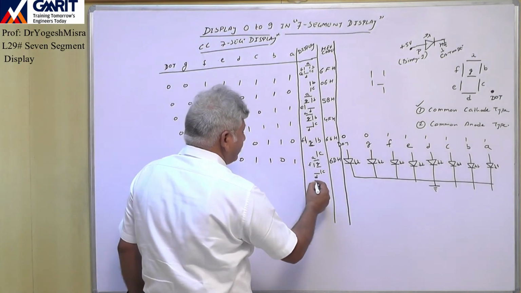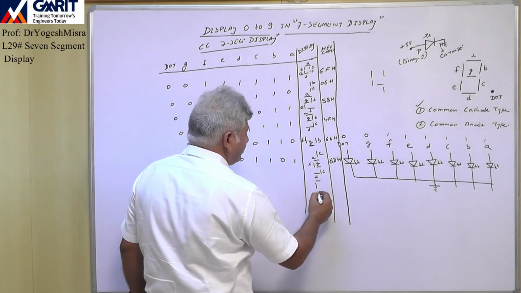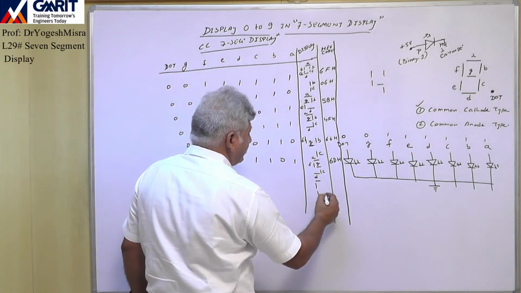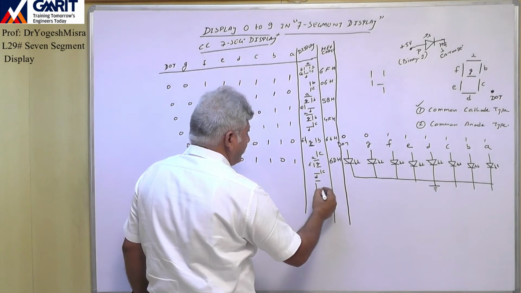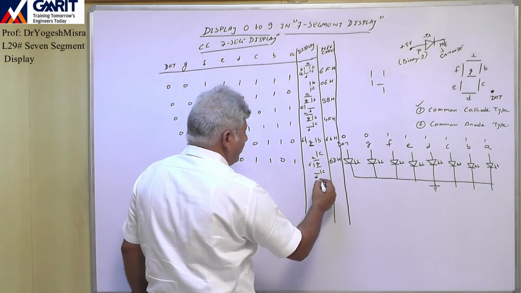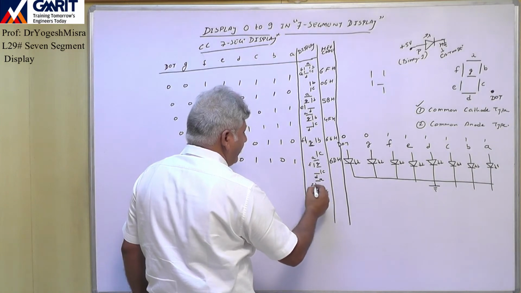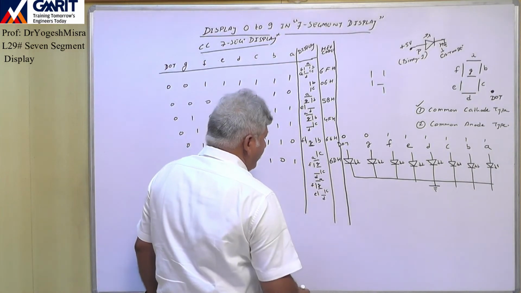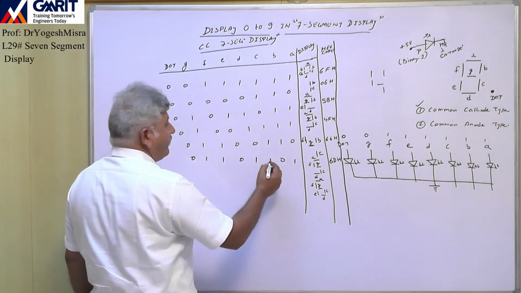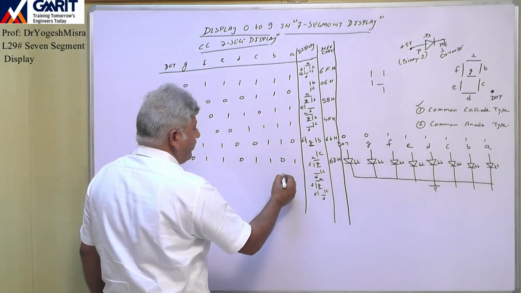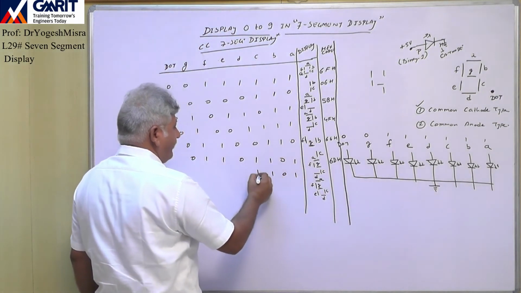Then 6. So we will display 6 like this. In this way, A, C, D, E, F, G. Only B is off, remaining segments are on.